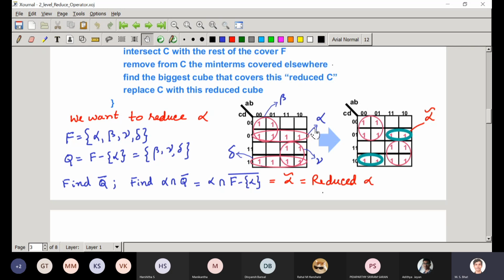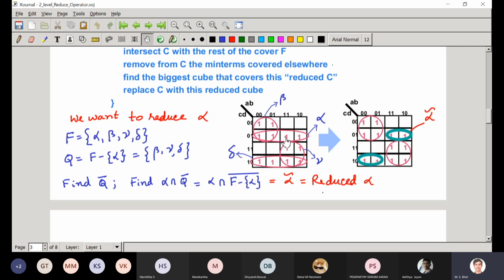Let us say we want to reduce alpha. What I need to do is find the set Q, which is F minus alpha, that is beta, gamma, and delta. So remove alpha from the cover F, and you are left with beta, gamma, delta.